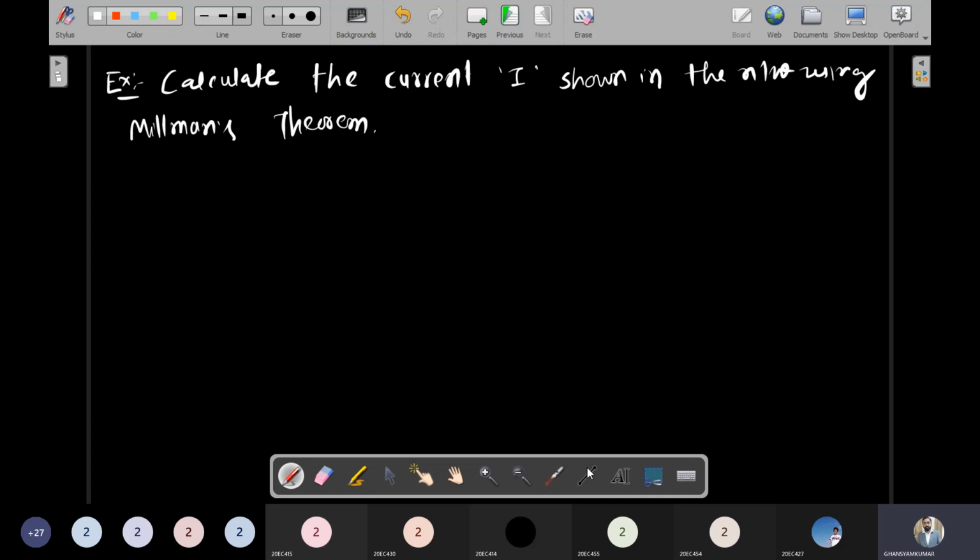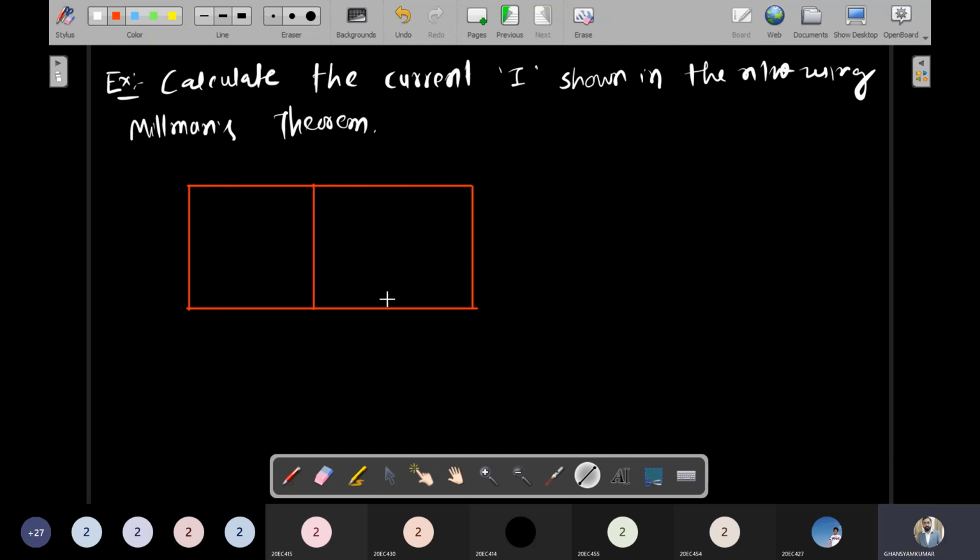I'm going to draw that network. We need to find the value of I in this given network using Millman's theorem.